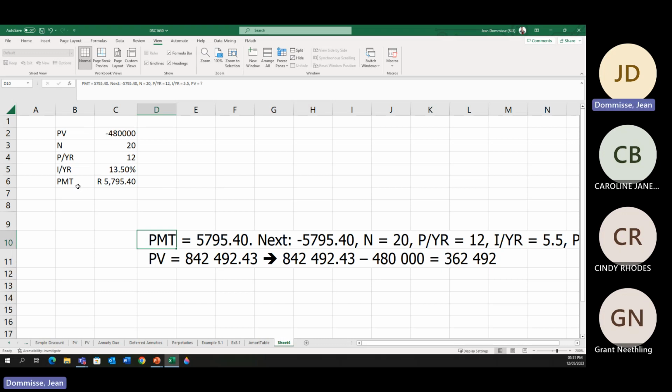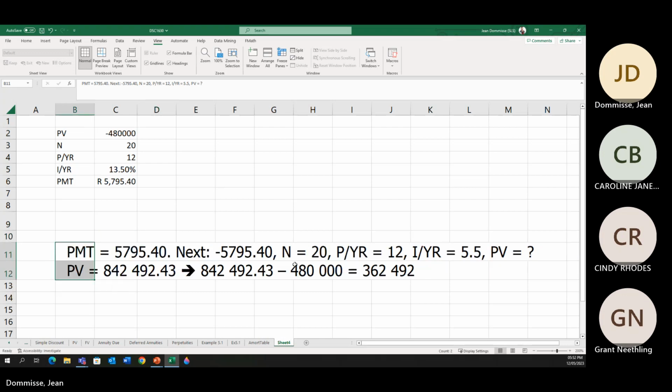So then what we will basically do is to say, well, if we have that amount, we now need to include interest into it. They told us that, not interest, inflation. So they told us that the inflation rate is 5.5% per year.